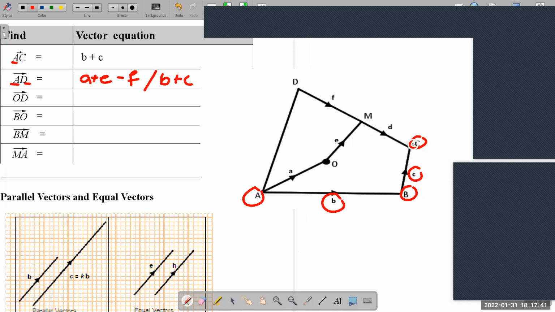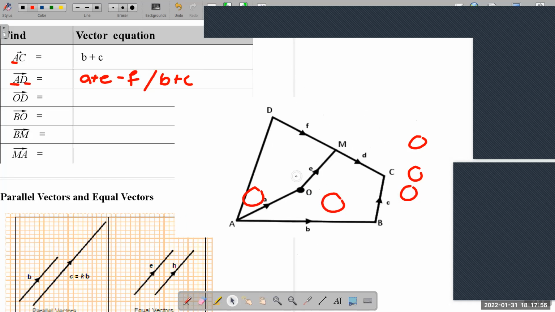Now, watch what happens now that we're at C. I need to move through M, then to D. But you realize the arrow is going the wrong direction. So it means I need to go in the opposite direction of positive D. Instead of plus D, it's going to become minus D. Similarly, this takes us to M. Now we need to move from M to D, and we realize the arrow is not going in the direction that we want.